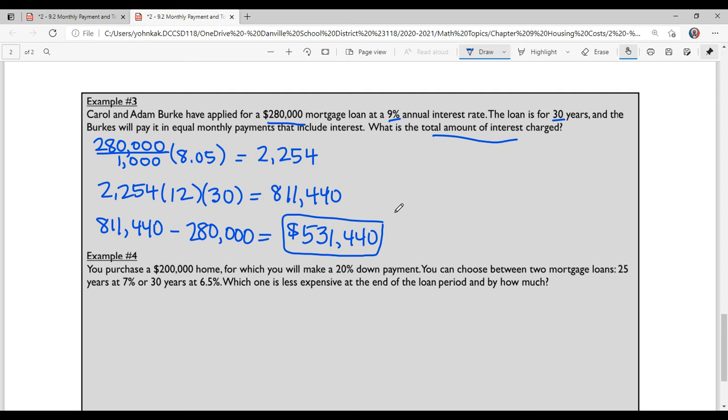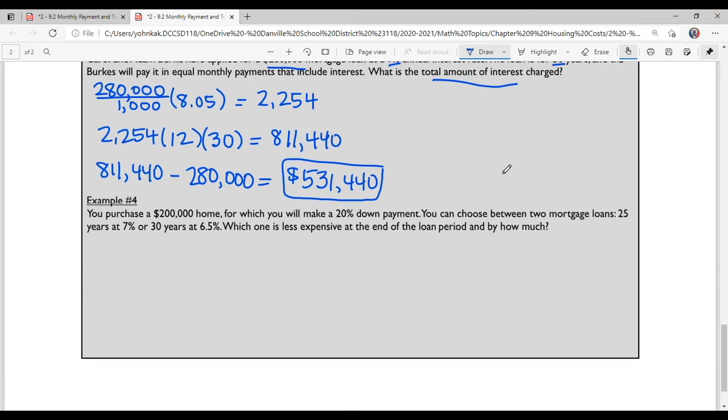That's a pretty high interest rate at 9%. Right now, I think interest rates are 3.5% or 4%. So a 9% interest rate is awful. Keep in mind that if Carol and Adam had shopped around, they might have been able to find a cheaper interest rate at a different bank.